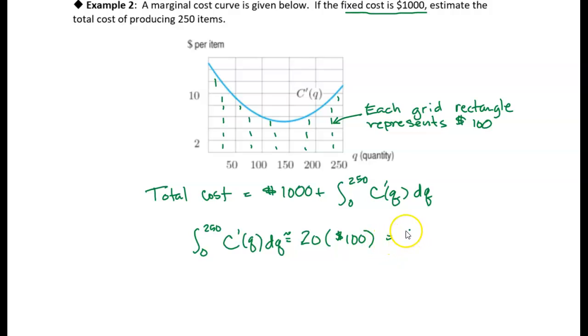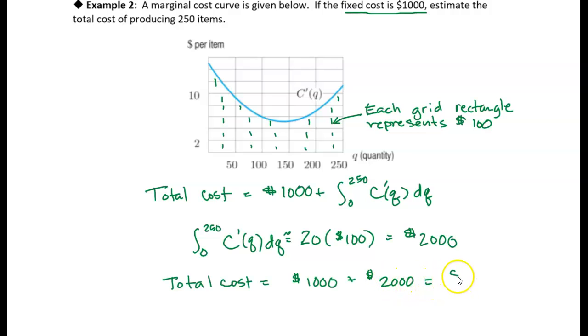So that's telling me the variable cost is about $2,000. Now that I have that, I can find the total cost by taking the fixed cost, which again was $1,000, plus the total variable cost, $2,000, which gives us $3,000. So that's my best estimate for the total cost of producing 250 items.